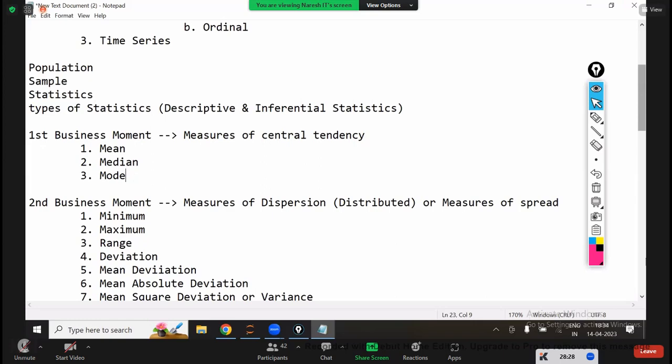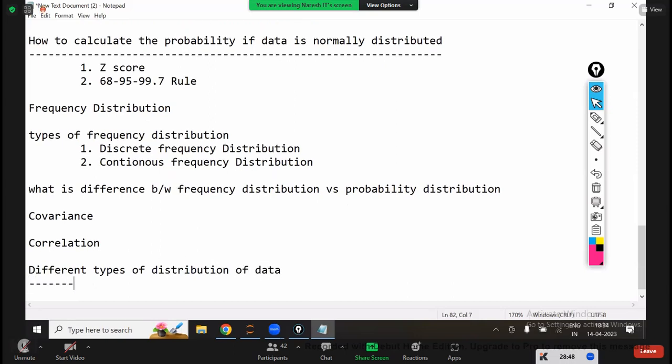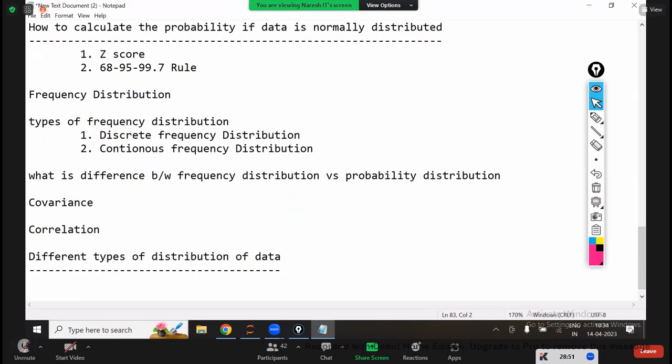Next, we have discussed the different types of distribution of data. What are the different types of distribution of data? The first one is called uniform distribution. We have seen what is meant by uniform distribution, right?